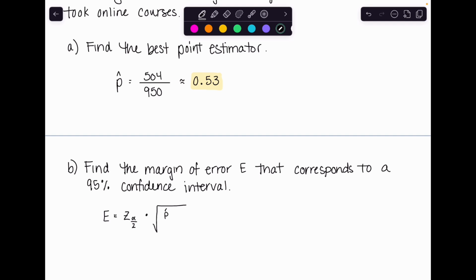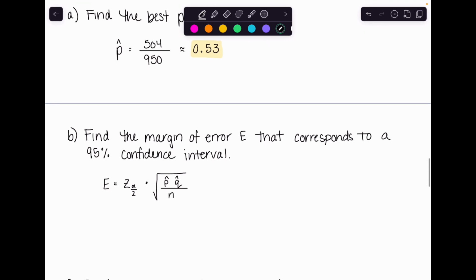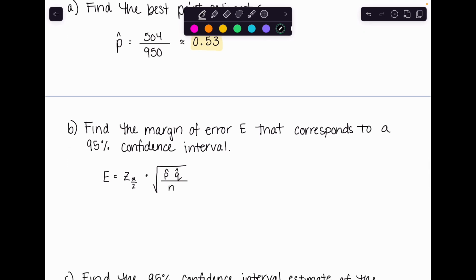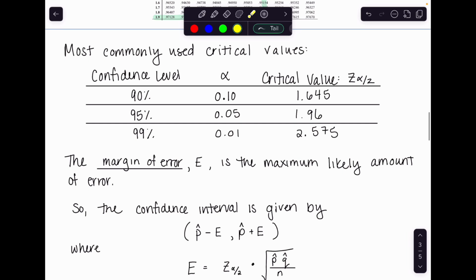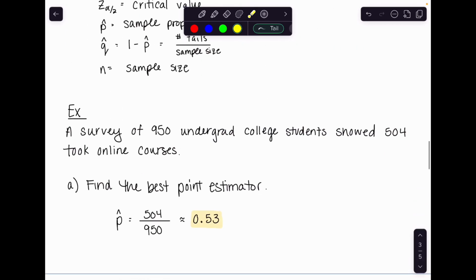So I take the proportion of people who are taking online courses, multiply by the proportion of people that are not, divided by our sample size. So filling in all the pieces for a 95% confidence interval, going back up to our chart, our critical Z value is 1.96, so we need to be 1.96 standard deviations within the mean.